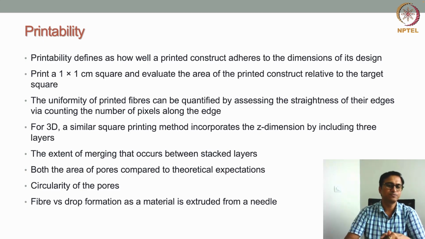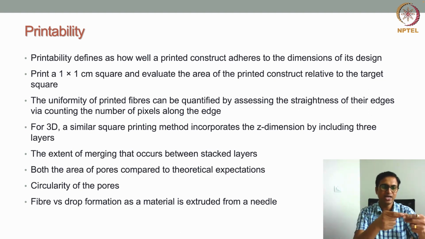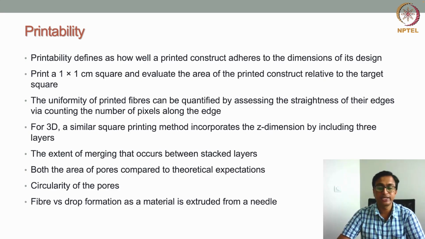Other than this, suppose we print a line through extrusion-based bioprinting. Whether the fiber is straight or not can be decided by the uniformity of the printed fibers, which can be quantified by the straightness of their edges.